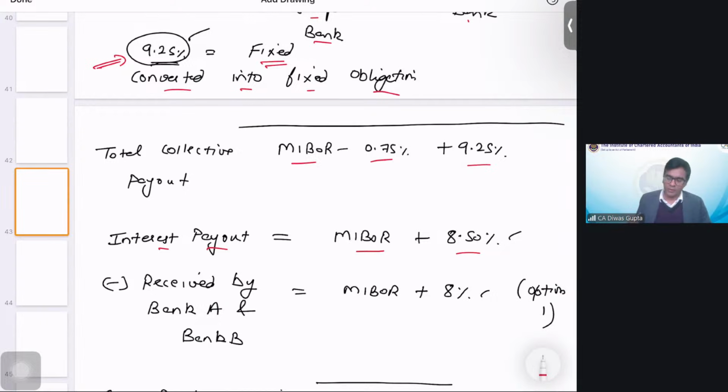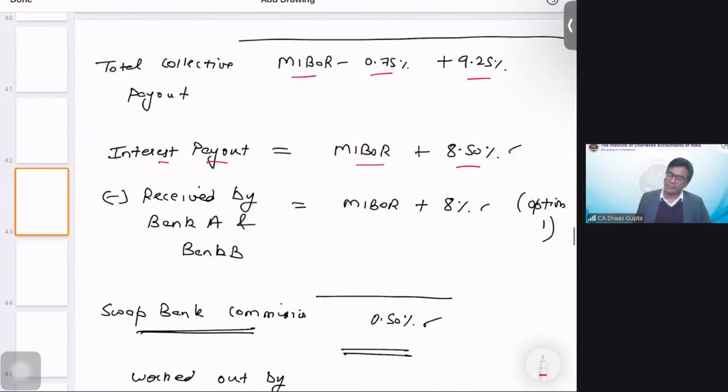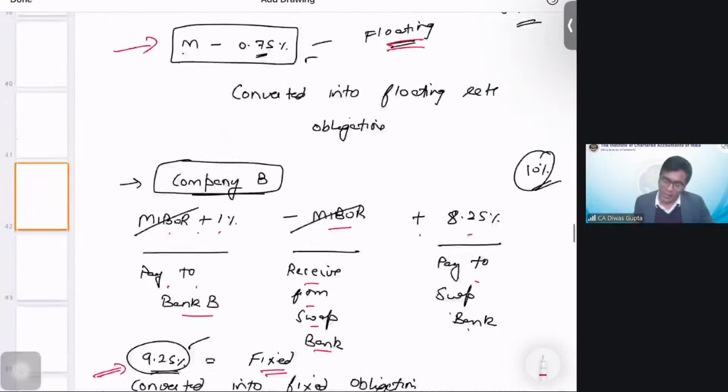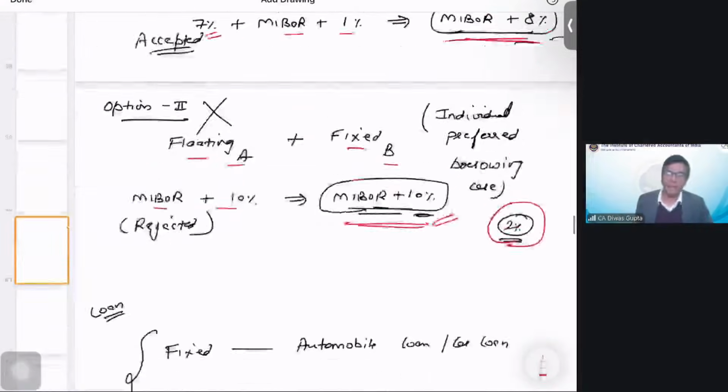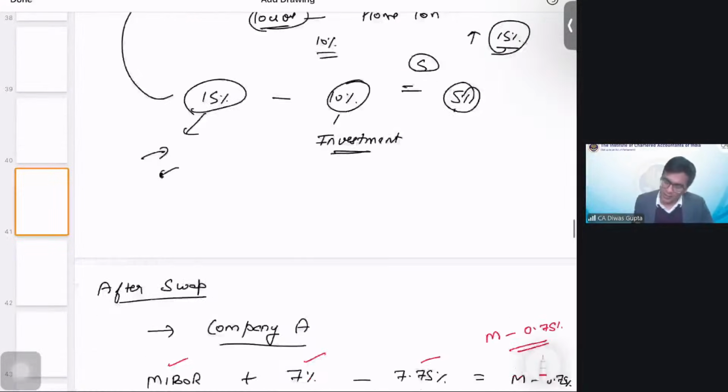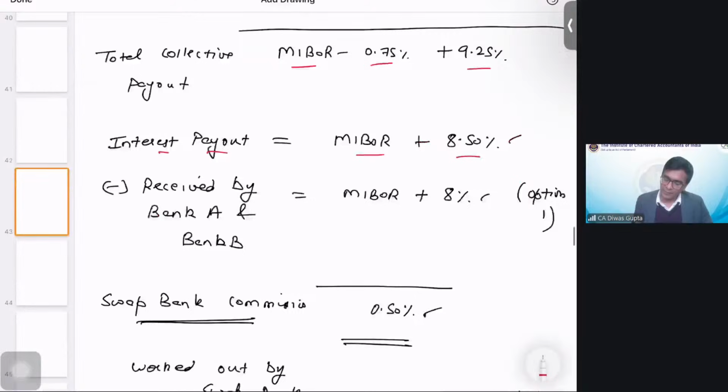That's the interest payout, minus what is received by bank A and bank B. So how much are they receiving in totality as per option 1? Option 1 was MIBOR plus 8%, correct? So in totality, they are getting MIBOR plus 8. Company A and company B are paying MIBOR plus 8.5.